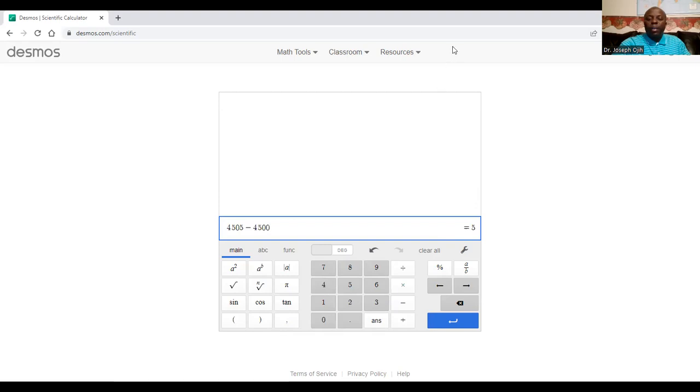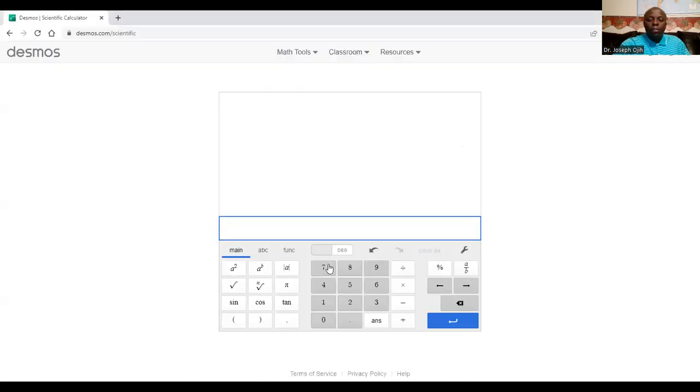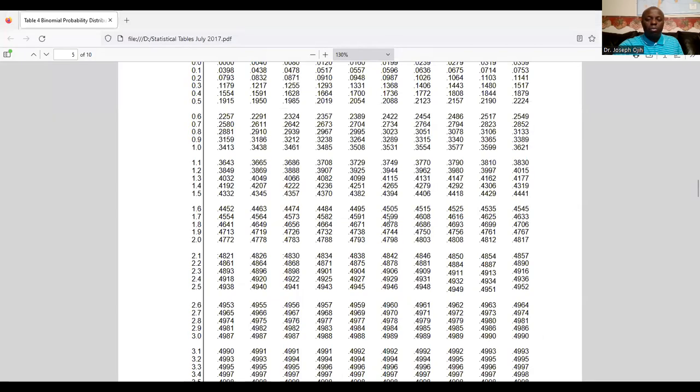And if you do it for the other number, since we didn't find the exact value of 4500, we find values that are close to it. 4500 minus 4495, you see, it's 5 points. So they are equally close to 4500. When this happens, what you're gonna do is to choose the one that is bigger of the 2, which is this one here.